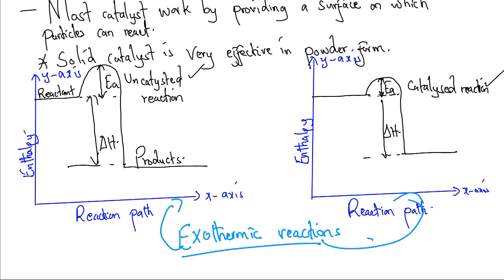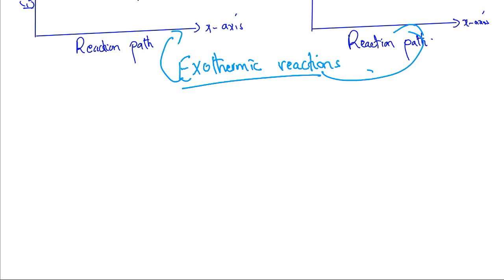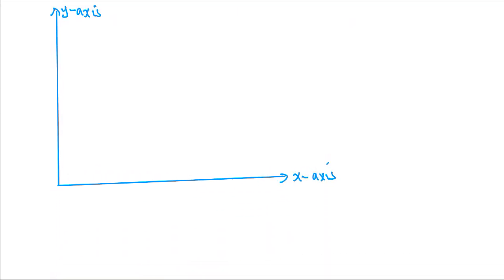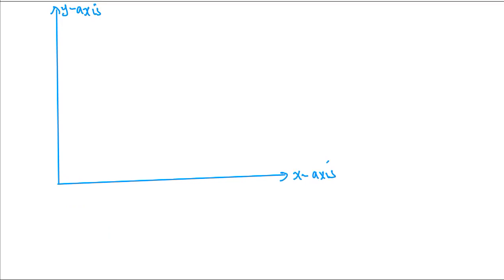The energy of the reactants is higher than that of the products. Heat is lost. Then this second one is for the general. I'll start with the general exothermic, then the general endothermic.